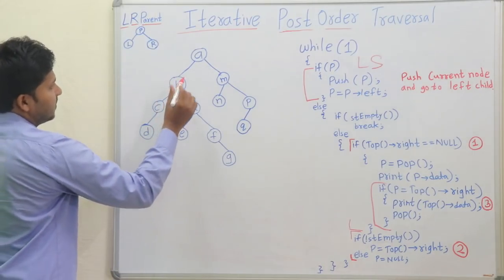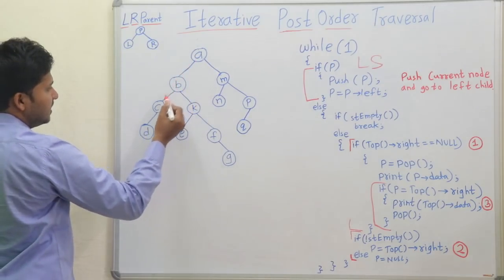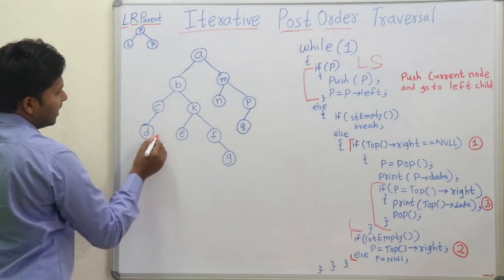So let's start. We'll start at the root A, then go to the left B, C, D, and again return.